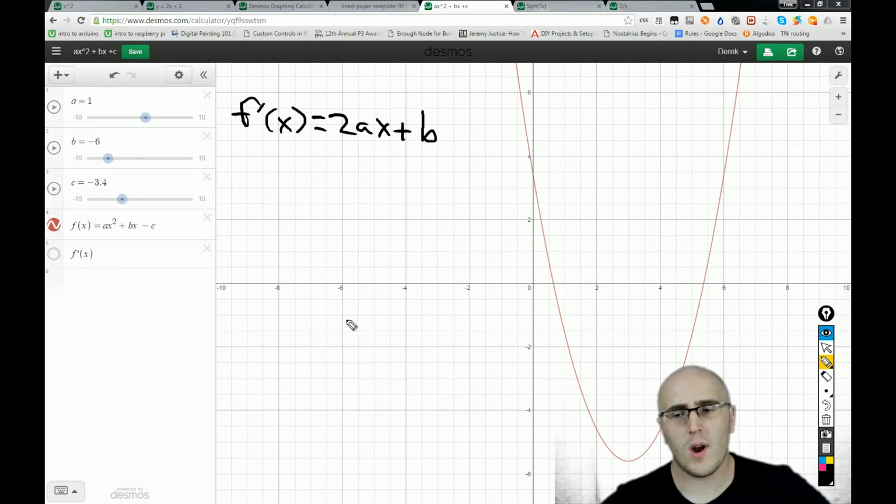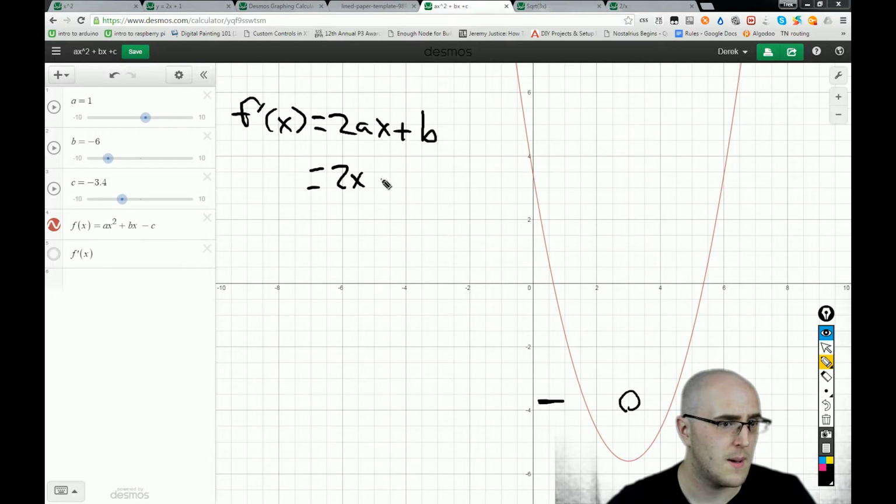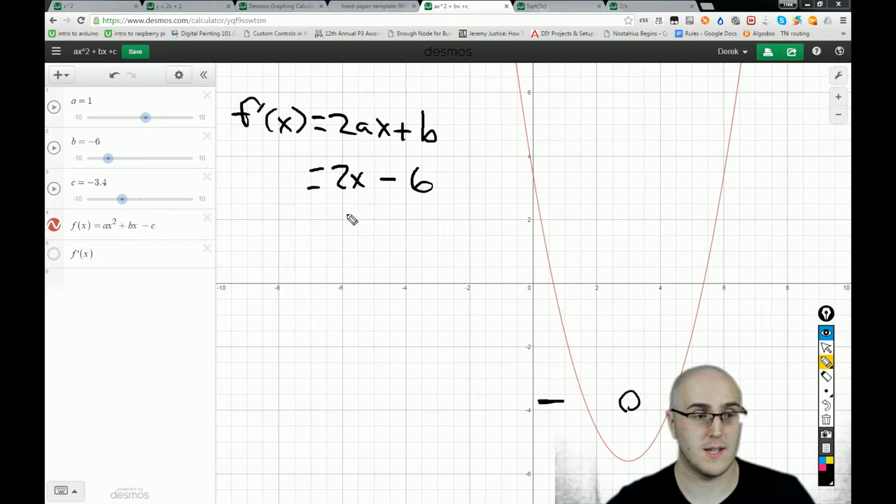Alright, so before I graph this, let's talk about what we mentioned earlier, which is that on this side of 3 it should be negative, on this side of 3 it should be positive, and we should reach the value 0 right at 3. And let's plug in our numbers here. The a is just 1, so we get 2x minus 6. Well, let's plug in 3, for example.